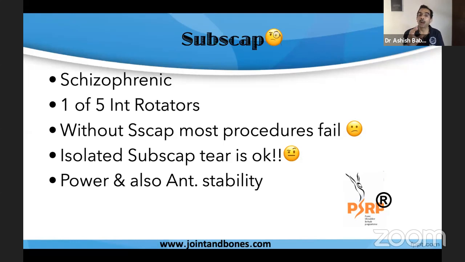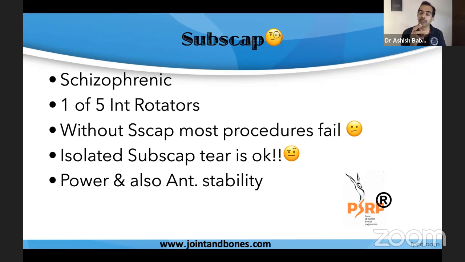On the other hand, all the procedures that are used to substitute a massive supraspinatus tear, like a latissimus dorsi transfer, a superior capsule reconstruction, or a lower trapezius transfer, will fail if there is no subscap there. So subscap is a very critical column that supports the shoulder, and it's a very crucial force couple along with the infraspinatus that is mandatory to allow the shoulder to function correctly.